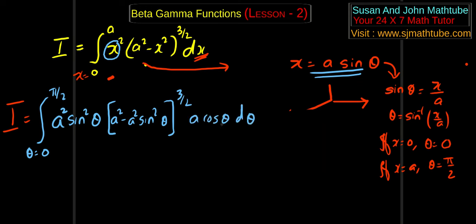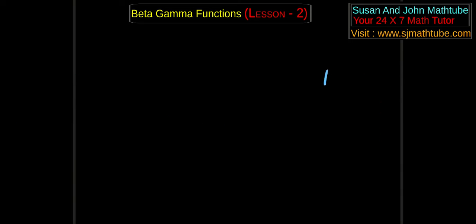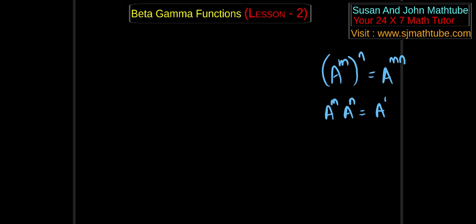Now time to simplify. Some of you might be very good in laws of indices. They will have no problem with this topic. But if you feel that you need this, please write: a power m, the whole power n is a power m into n. A power m times a power n is a power m plus n.